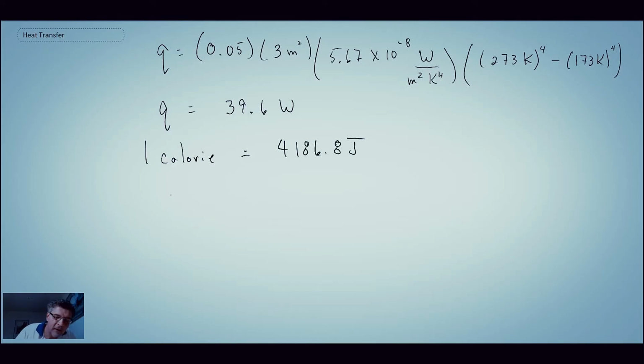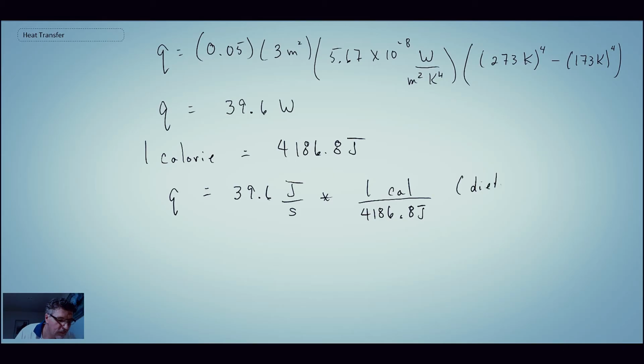So I'm going to convert the heat loss into calories, and instead of calories per second, we'll do calories per hour, because that's a more meaningful number. That's dietetic, so it relates to food. And with this, we find that the heat loss translates into 34 calories per hour.